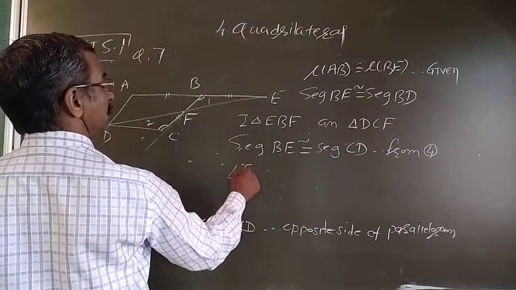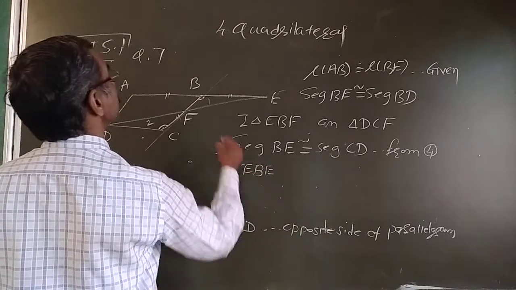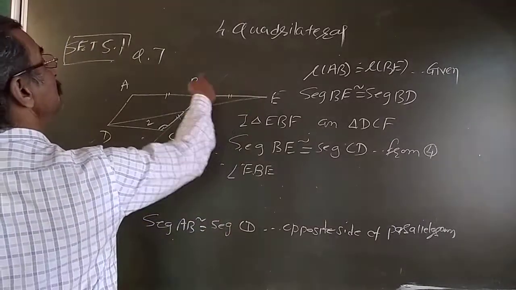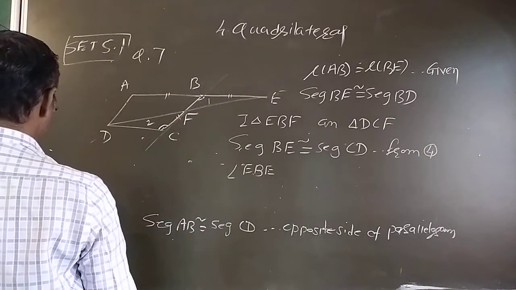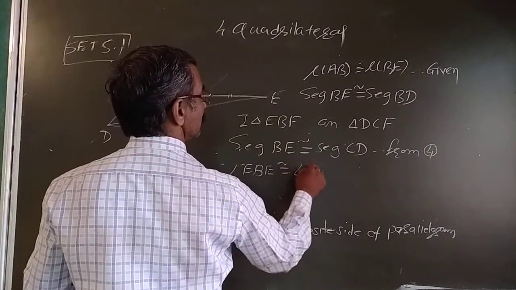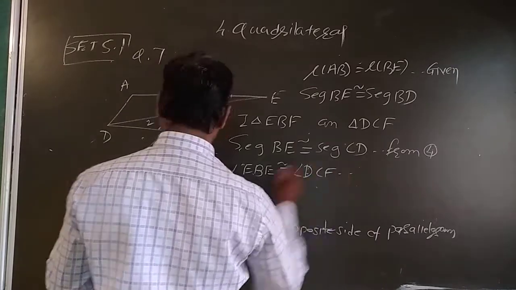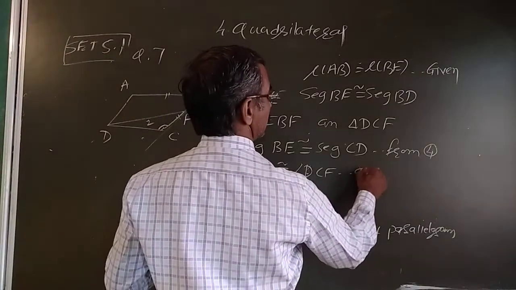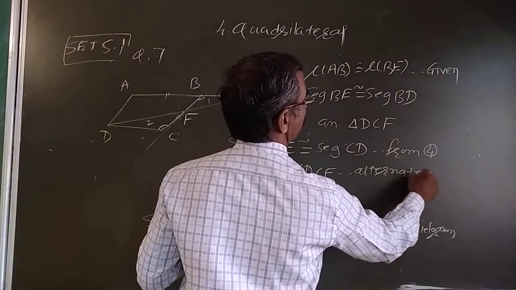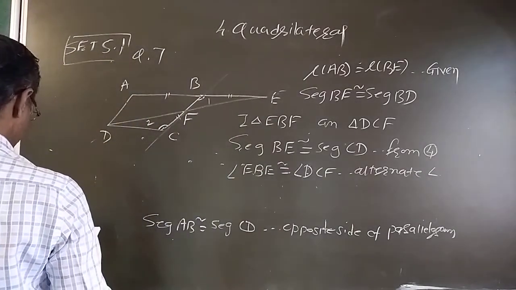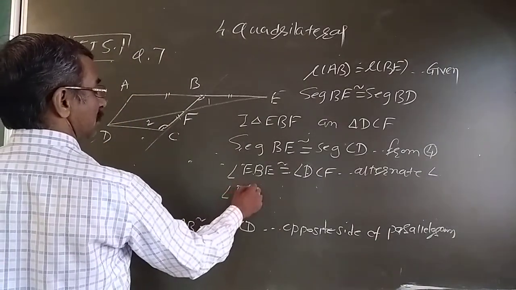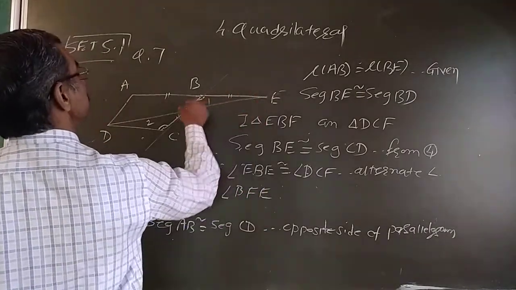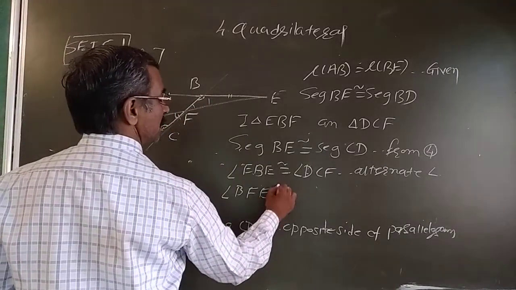Then angle EBF and angle DCF are also congruent because they are alternate angles. Then the third point is that angle BFE, this angle and this angle, both are opposite angles.